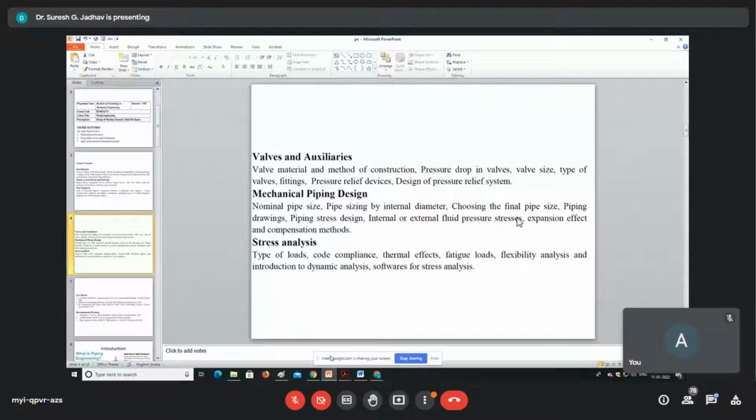Pipe sizing by internal diameter, that is ID, and another pipe size by outside diameter. Here we can lay out the final pipe size, then piping drawings and piping stress design, internal or external fluid pressure stresses, expansion effects and compensation methods. Those subtopics we'll discuss in mechanical piping design.